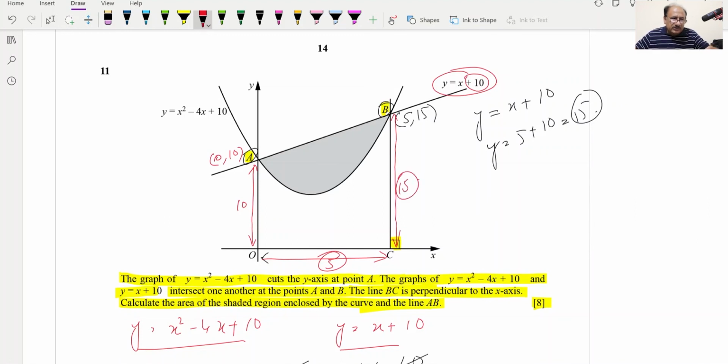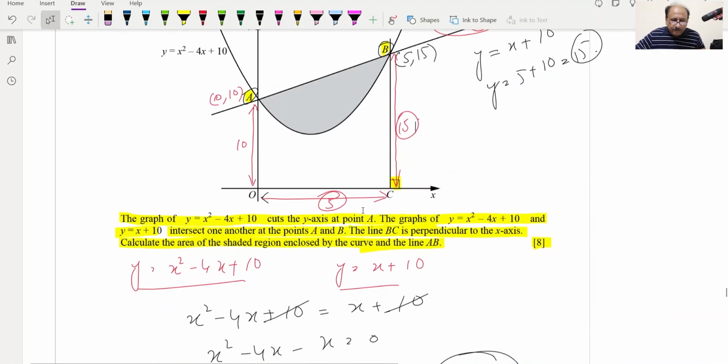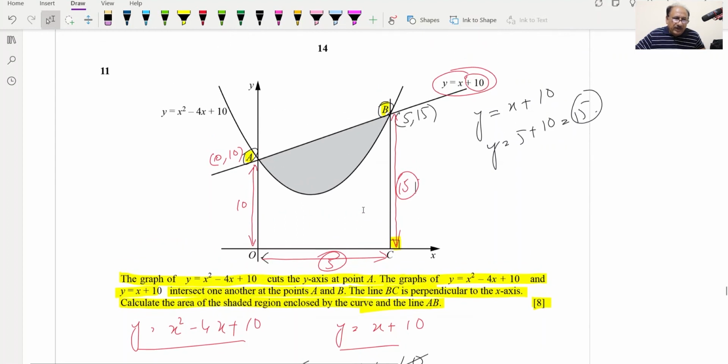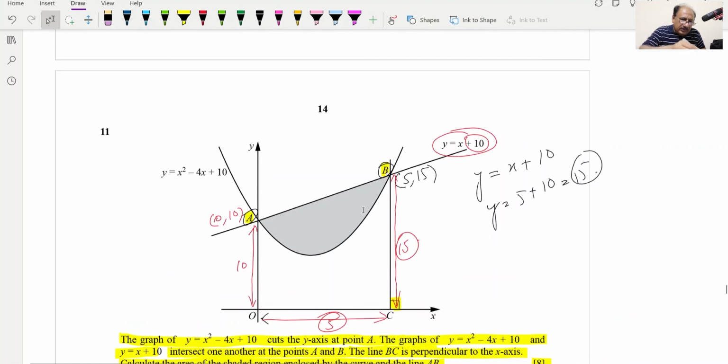It's a trapezium. Now what we will do, we will find area under the curve. We will find area of the trapezium. Area of trapezium, we will find this whole area.